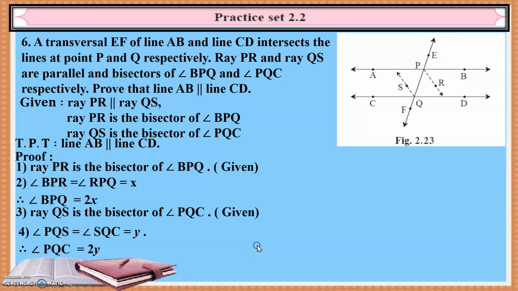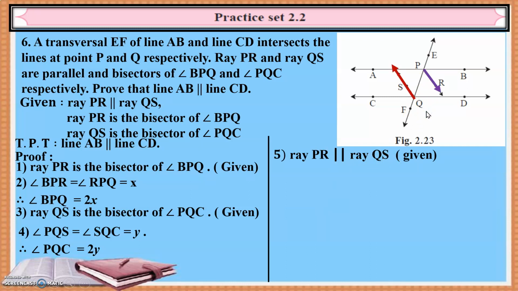Now the next step, what is the next step? To start with what was given, that is ray PR is parallel to ray QS. So if these two lines are parallel, we know that angle RPQ will be congruent to angle PQS. So let's write it. Angle RPQ will be congruent to angle PQS.